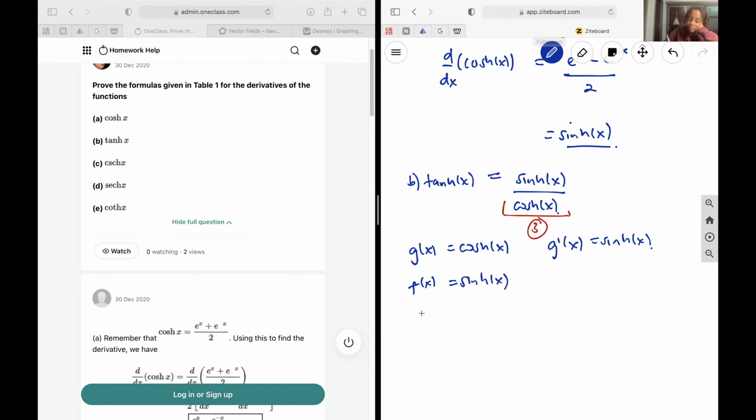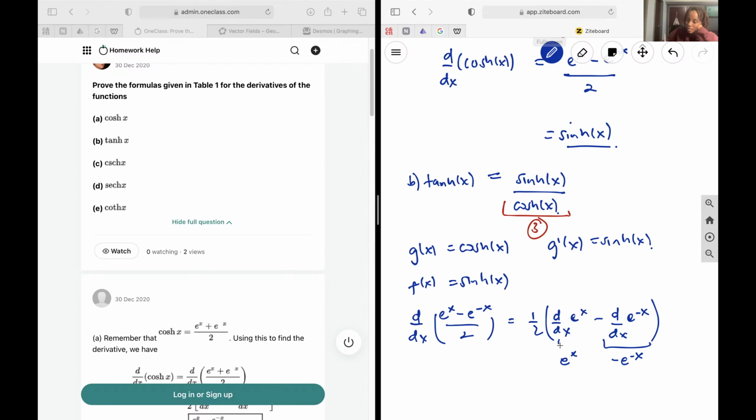We can find that quickly applying the same rules. So e to the x minus e to the minus x over 2. 1 over 2 d over dx of e to the x minus d over dx of e to the minus x. And we already found this. This is going to give us minus e to the minus x and e to the x.